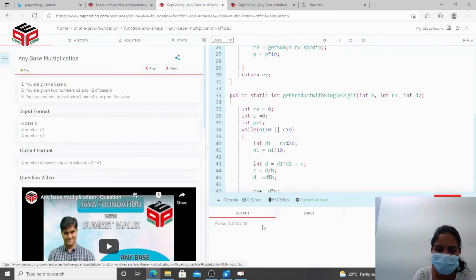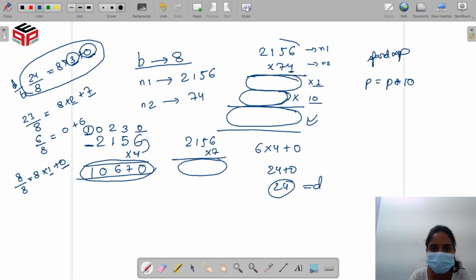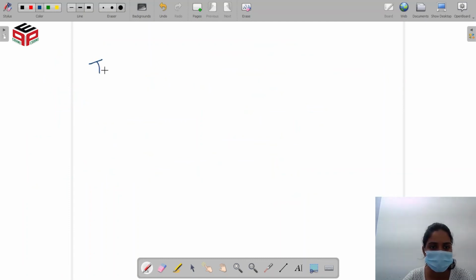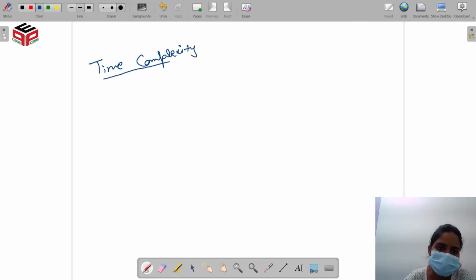Correct answer. Okay. What will be the time complexity and space complexity of this code? Time complexity. See, time complexity depends on the number of digits. Suppose we have m number of digits in n1 and n number of digits in n2.